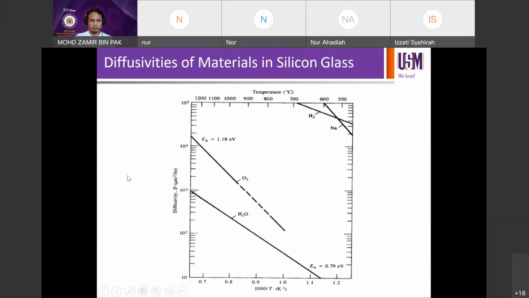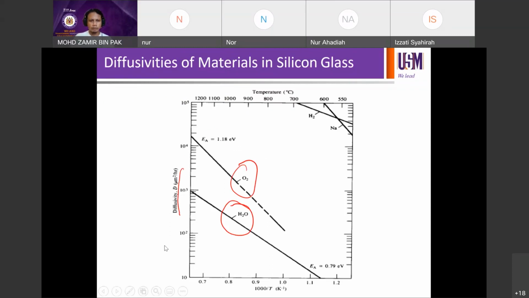So let's have a look at the diffusivity of materials in silicon. In this case, have a look at H2O, O2 versus H2O, diffusivity.